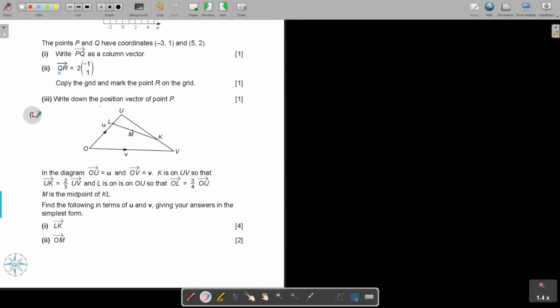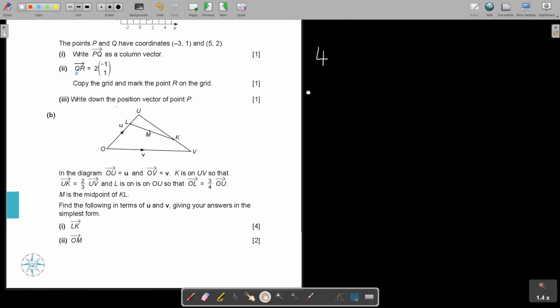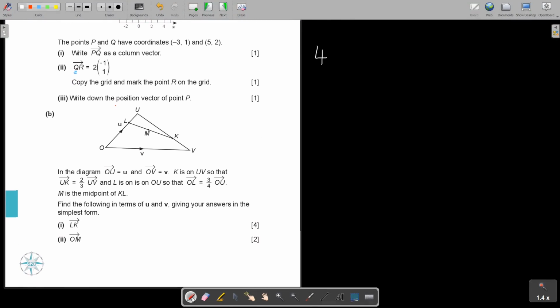Okay, let's start with number B. Number 4, I think it was 4. Yes, it was 4B. I think I wrote it already there. Now, I just read everything and I just fill it in. This is very important. So, in the diagram, OU, and I'm going to take my pen, it's going to help me.